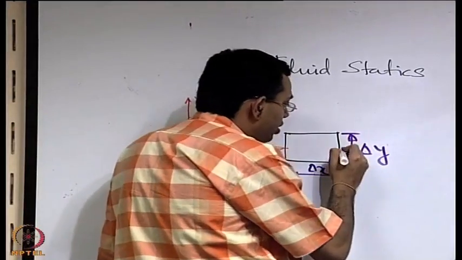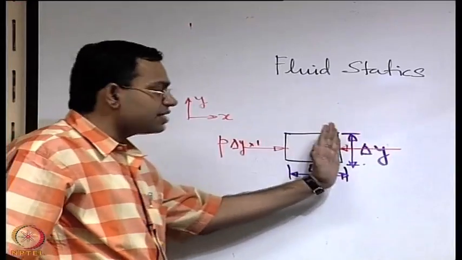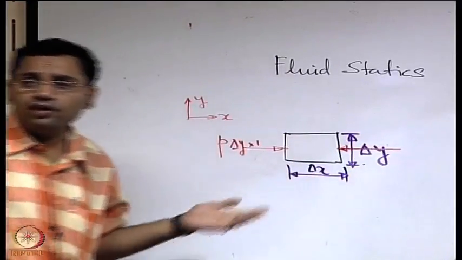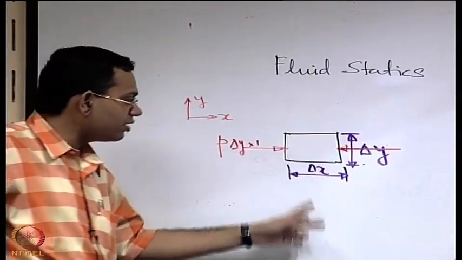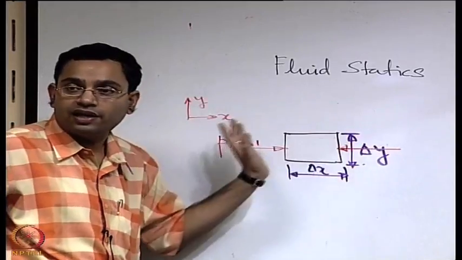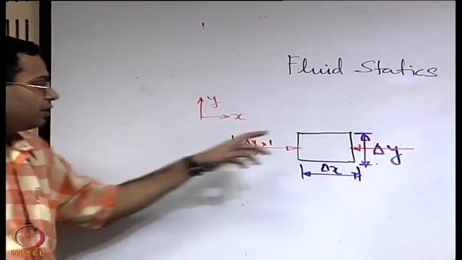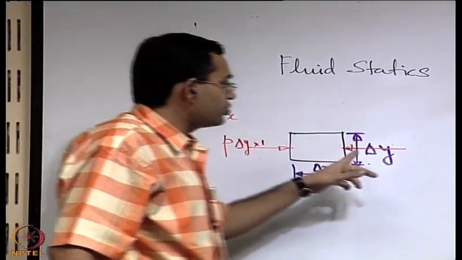When you come to the opposite face, we are bothered about these faces right now because we are only identifying the forces acting along x, because we will write the equation of equilibrium along x, not that forces are not there on the other faces. So this is not a complete free body diagram, it only shows the forces along the x direction. So if the pressure here is P, what should be the pressure here?